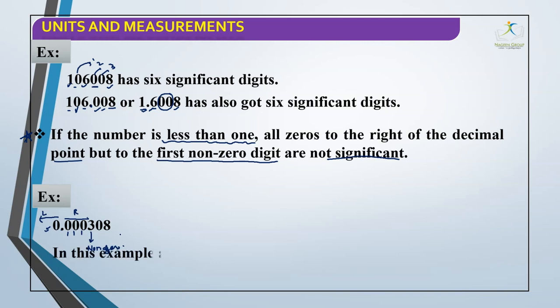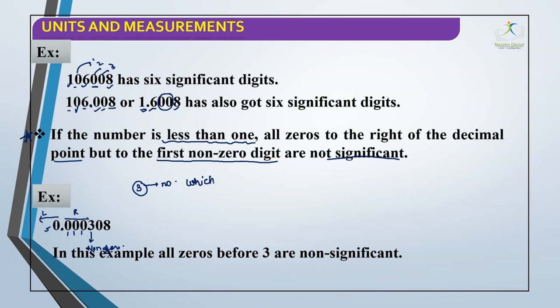In this example, all zeros before 3 are not significant. What we have to do is first search out the first significant figure. Okay, 3 is a number which is significant. So we focus on the first significant figure.